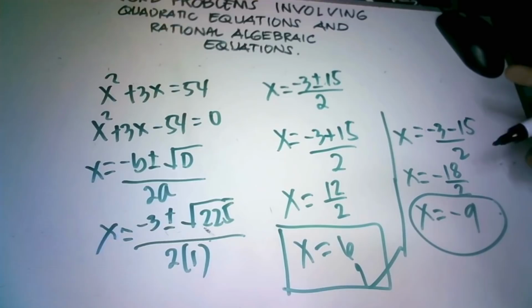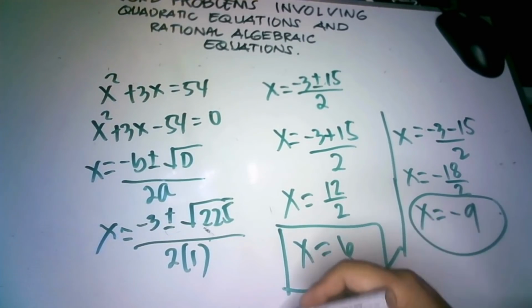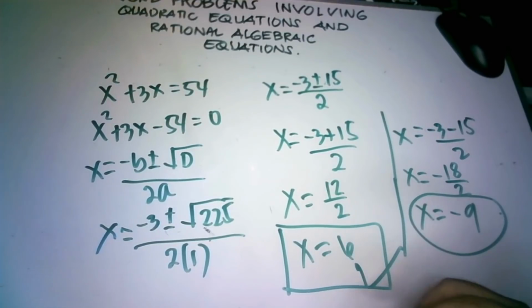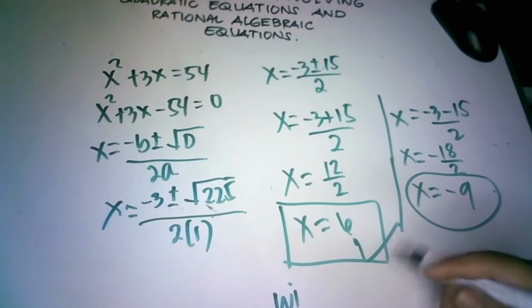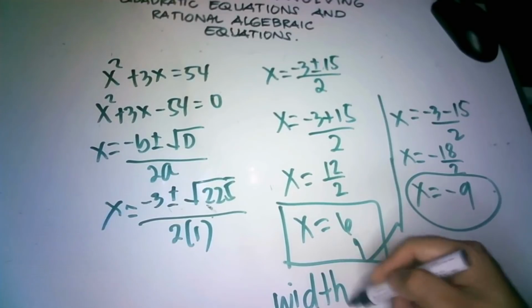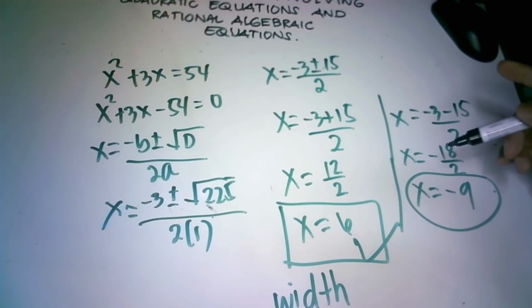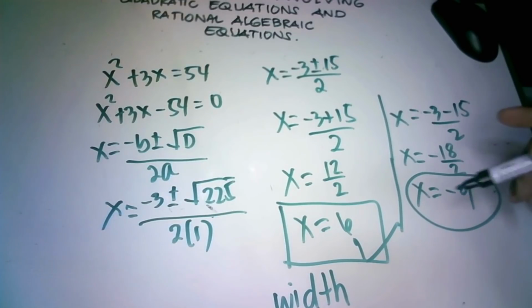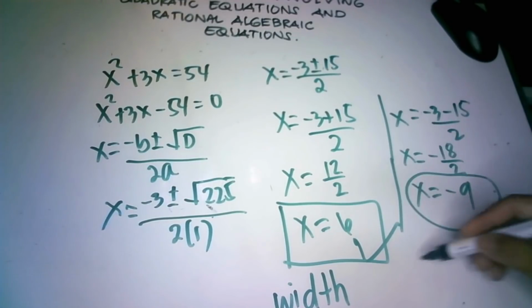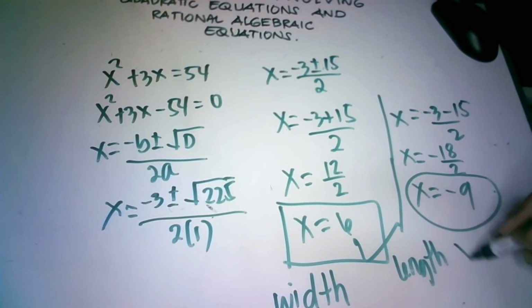6 meters is the width, while the length, this is the width, and the length is 3 meters longer than the width. So therefore the length will become x plus 3, which equals 9 meters.